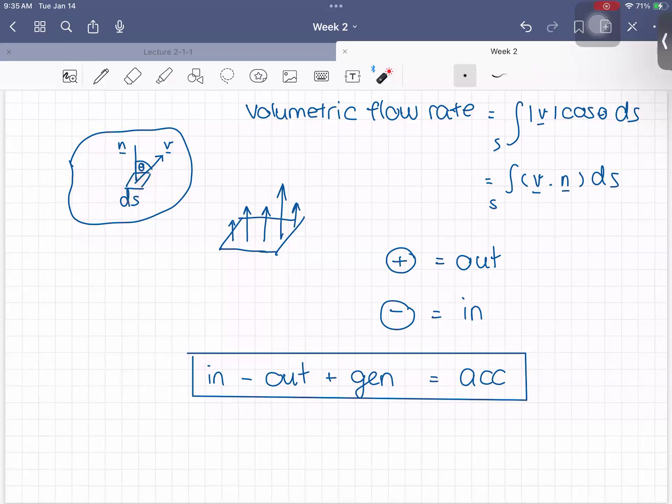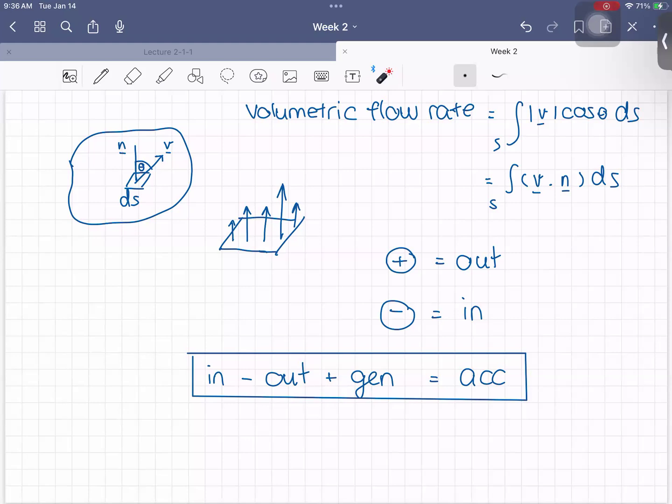We're going to consider if there is any in term, out term, generation term, and accumulation term that is occurring on this small area dS here, okay? So as I showed you previously, any type of transport must be with respect to time, right? It can change with time.